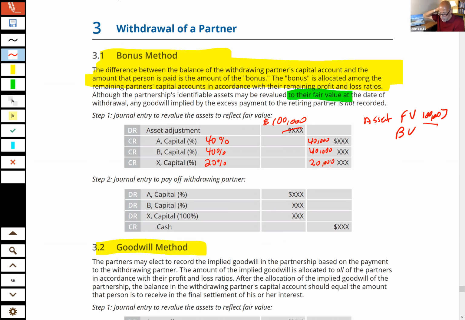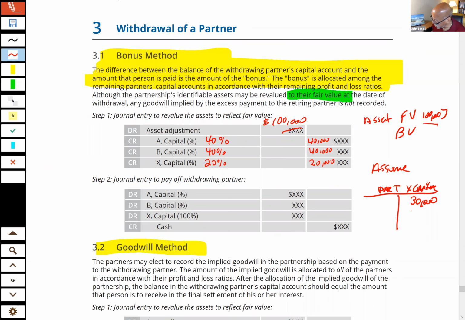Now, when we distribute, I'm going to assume here that this was partner X's capital account, I'm just making this up, guys. Assume they had 30,000 in there before we started to do any of this.